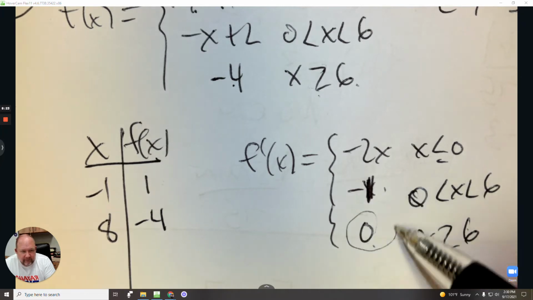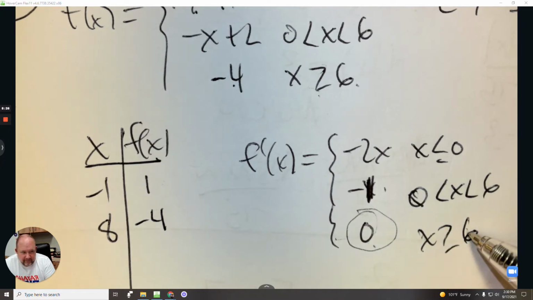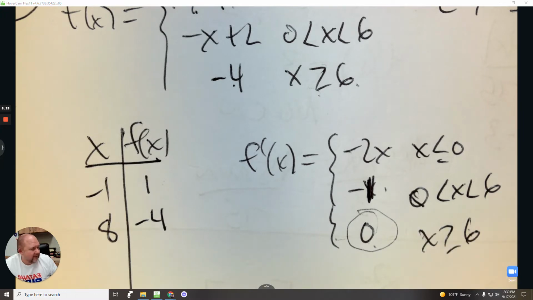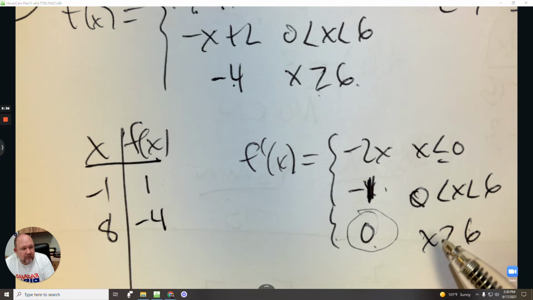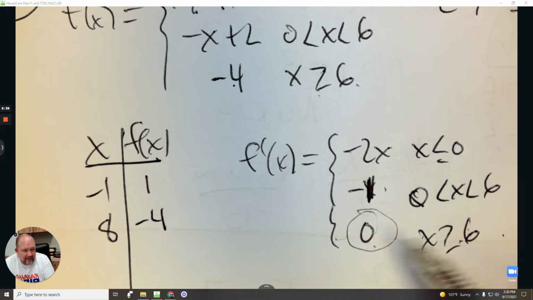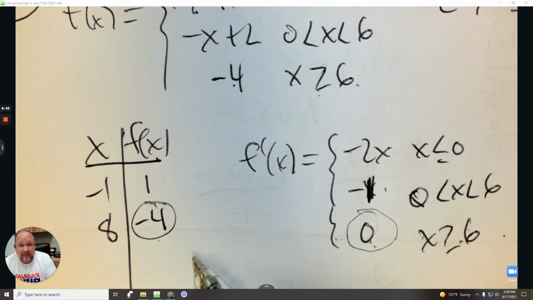I guess the derivative is 0 all the time when it's greater than or equal to 6. So all numbers between 6 and 8. But all numbers between 6 and 8 give us the same answer. So I don't need, like, 6 gives me the answer -4, 7 gives me the answer, all numbers.